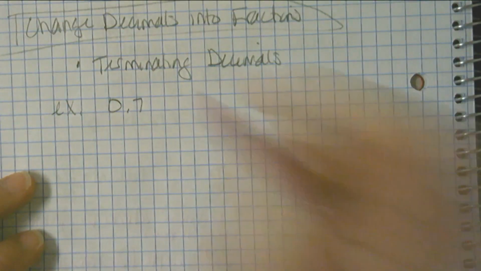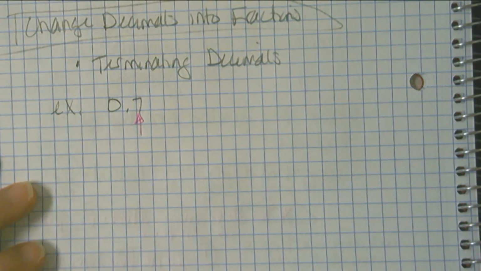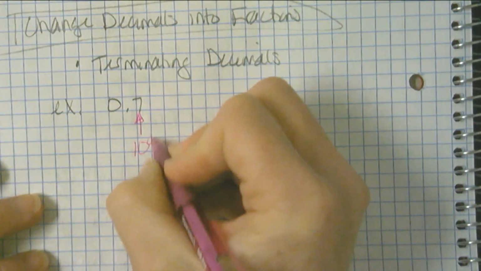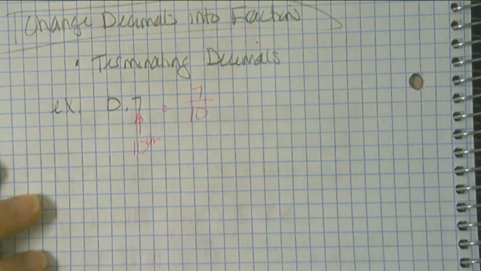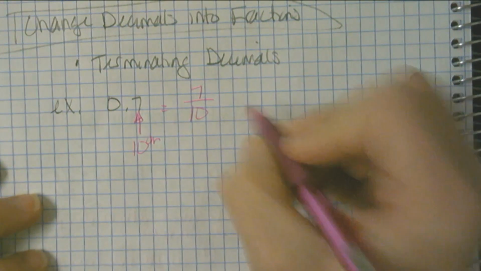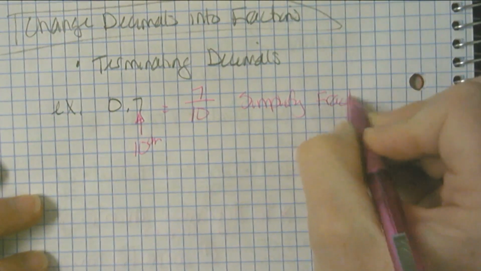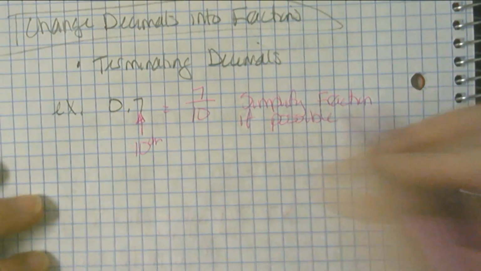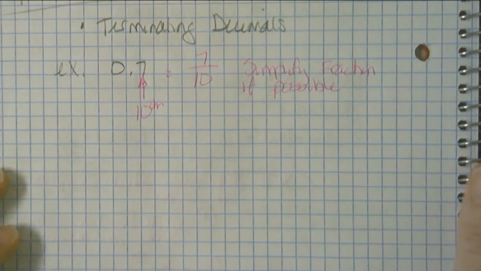What place value is that 7 in? Alex? That's our tenths. So we're simply going to do 7 over 10. And then we simplify the fraction if possible. I'm hoping you're like, yeah, I know how to do all this. This is super easy. Awesome.